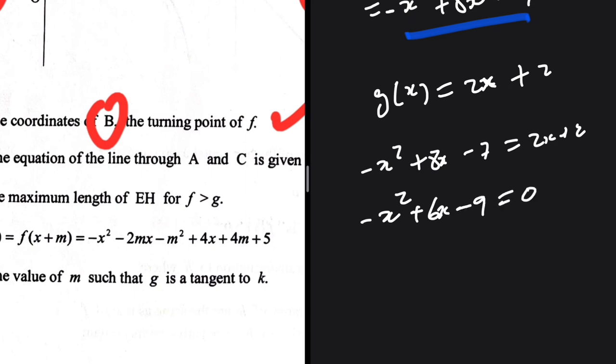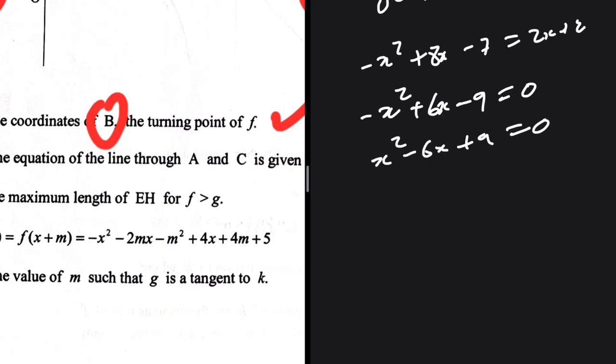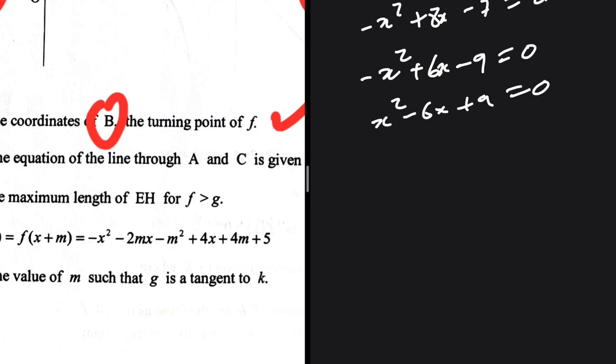I'm giving myself a very unnecessary headache. Okay, fine. So x squared minus 6x plus 9 is equal to 0. I just divided both sides by minus 1. So that is mathematically correct. So let's see if the discriminant here is going to be equal to 0.